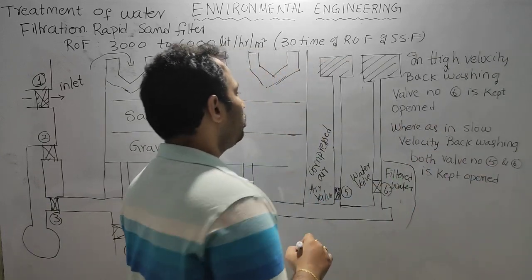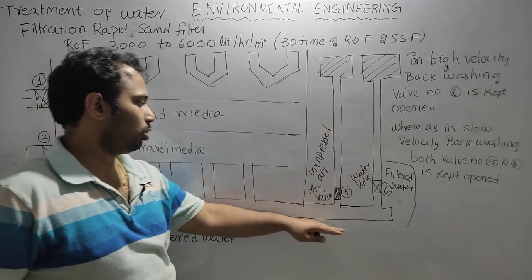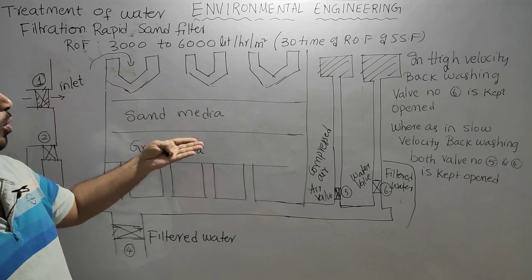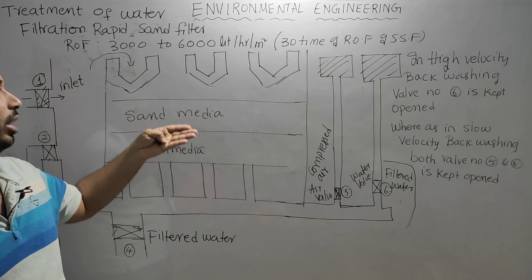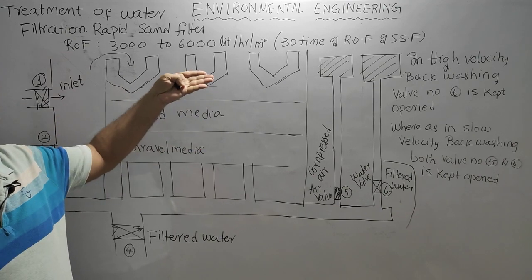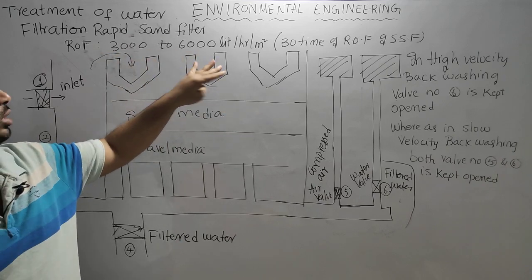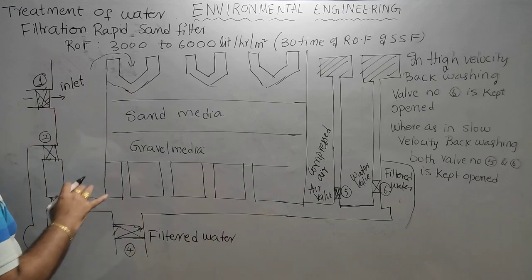Now you are sending the fresh water through the gravel media into the sand media. Whatever impurities are present inside the sand media and gravel media come out into these troughs.